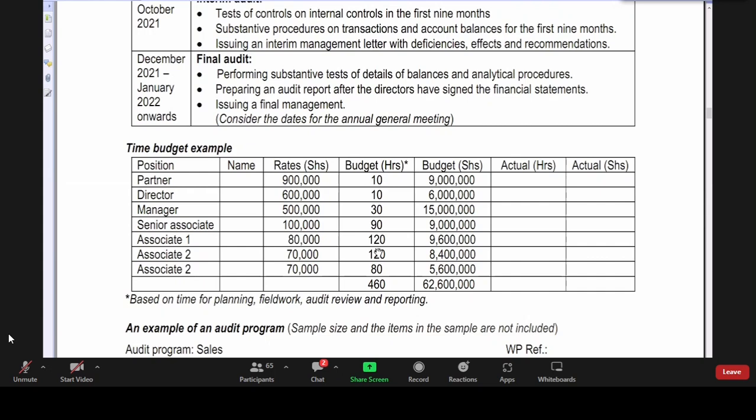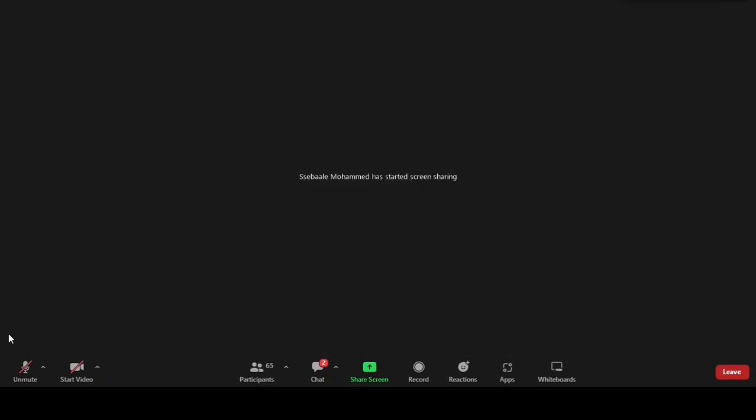You see associate 1 and 2, between them they have like 320 hours. Senior associate has 90 hours. The manager has 30 hours. The partners and directors have those 10 hours, right? Because most of the work is done in the field work. And guys, those from the field are paid much less, because what you're doing does not really require a lot.